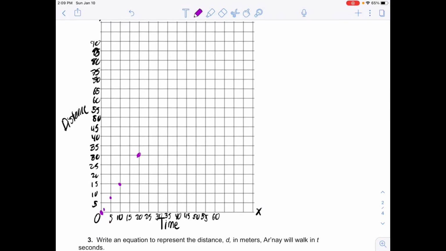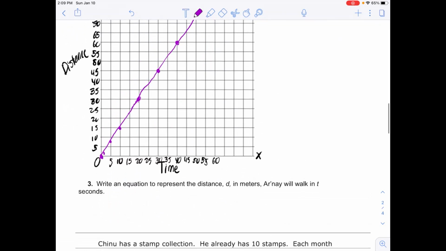So see if you can graph the rest of these points on your own. And that's what your line should look like. Now at the end, we can turn this into a straight line, connecting all of those points. And that is my graph.